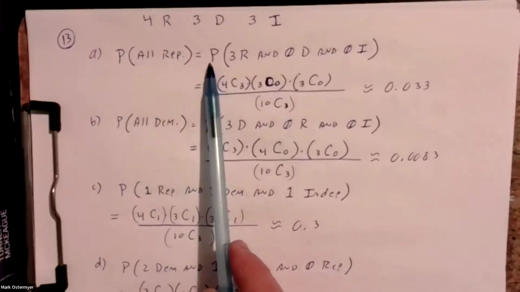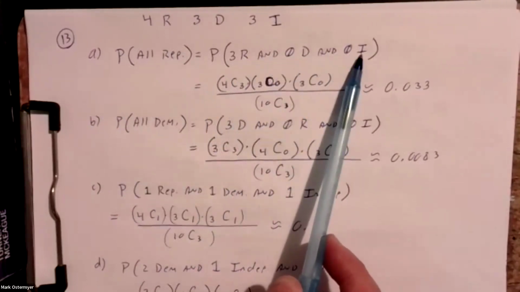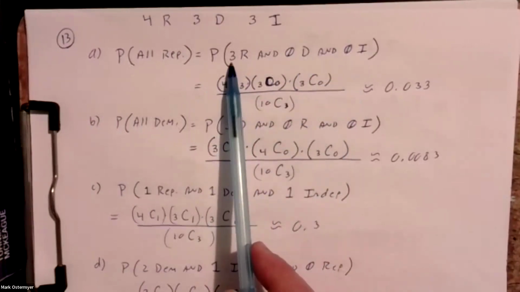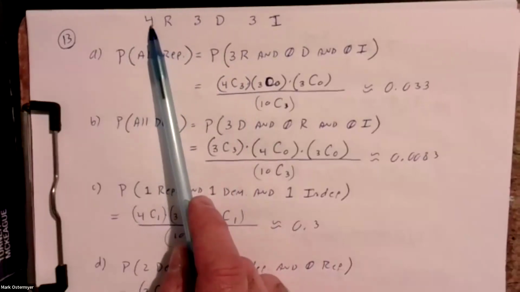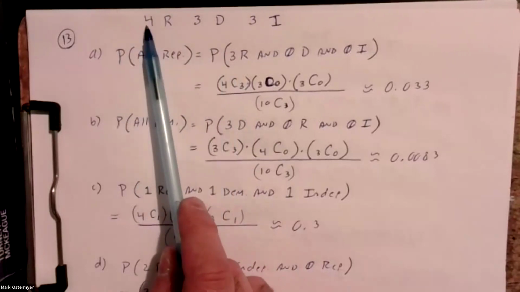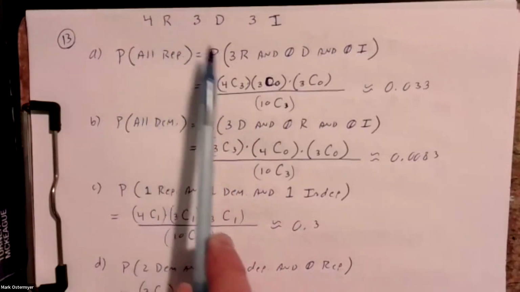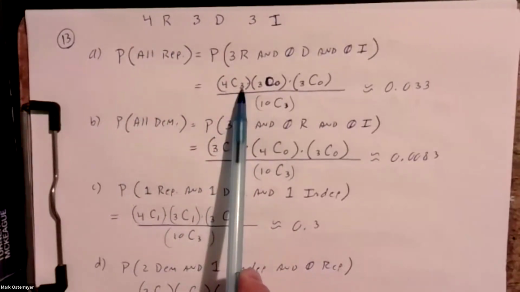Well, that's saying the probability that we select 3 Republicans and 0 Democrats and 0 independents. We need 3 Republicans. We have 4 available to choose from. So how many ways can we choose 3 Republicans from 4 Republicans if order does not matter? That's going to be 4 in combination with 3 ways.